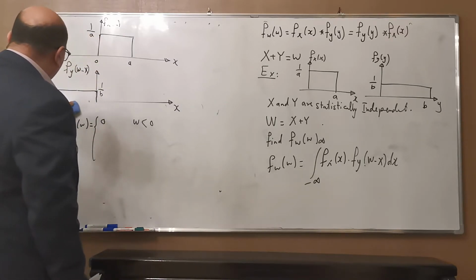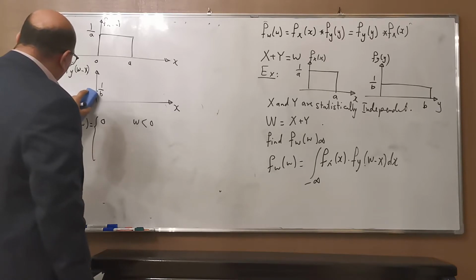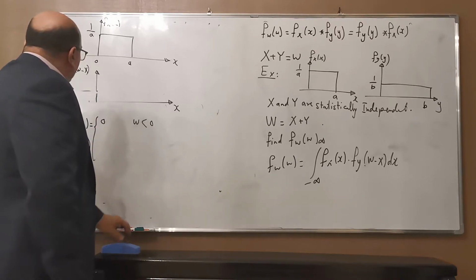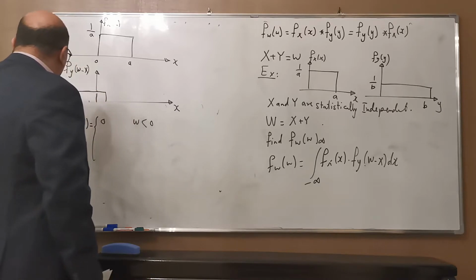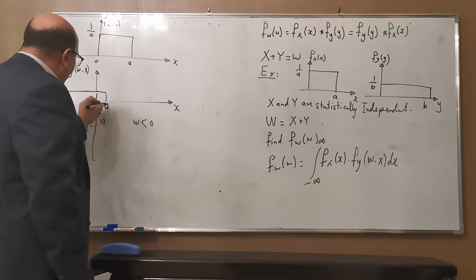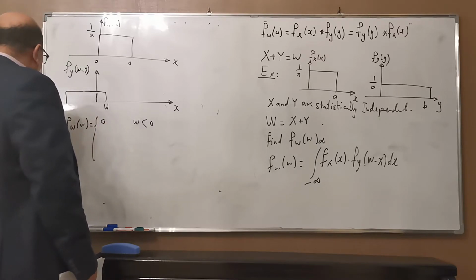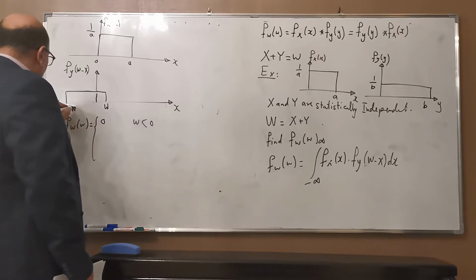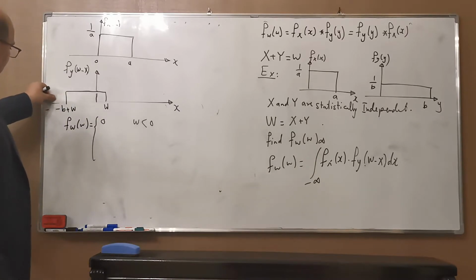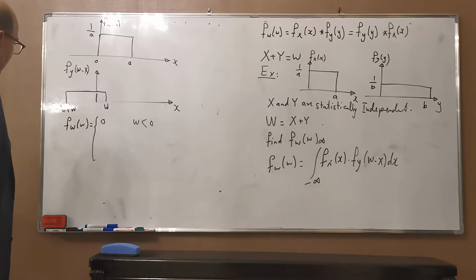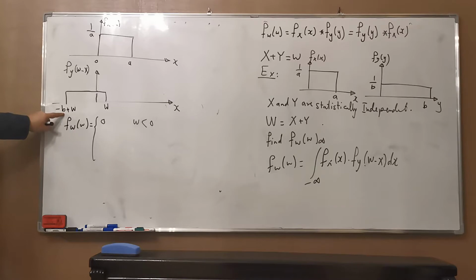So I'm gonna take one like this and put it something like this. So this is my w, and this is my minus b plus w. So you have here minus b plus w. This is the value that we will have here.